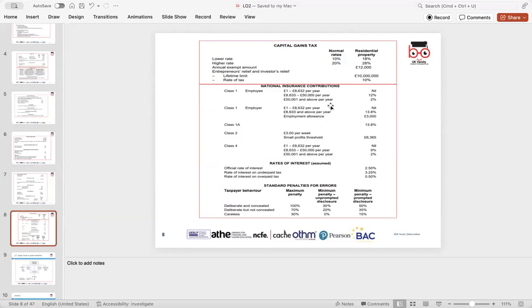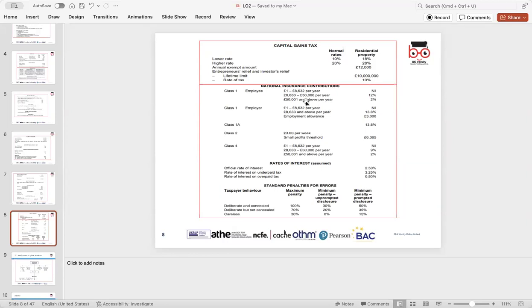So the class 1 employees' national insurance rate ranges from nil for earnings below 8,632 pounds per year, to 12% for earnings between 8,633 and 50,000 per year, and 2% of earnings above 50,000 pounds per year.